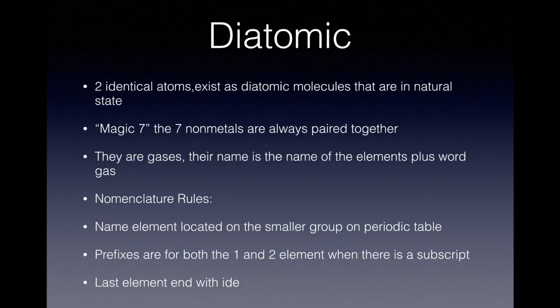This also includes hydrogen, which is not located in the magic 7 on the periodic table. These are gases. Their name is the name of the element plus the word gas, because they're gases. And the rules are: name the elements, located in similar groups on the periodic table. Prefixes are used for both elements based on the subscript. The last name ends with -ide, so we have to change it.